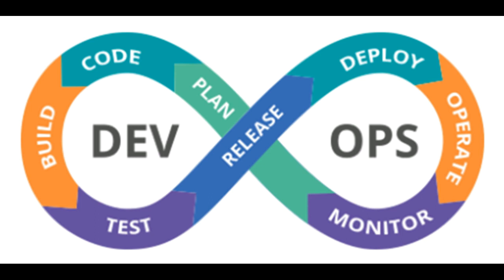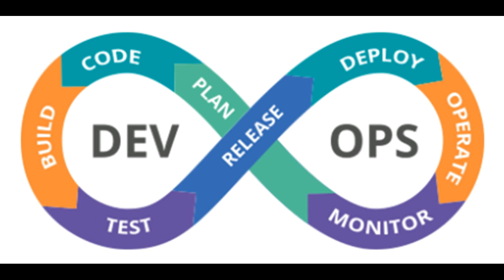Continuous integration means continuously integrating the code in the production environment. We use tools like GitHub and Jenkins to pull the code, continuous testing using Selenium or another automation tool, and continuous delivery and continuous deployment by pushing the code into production.